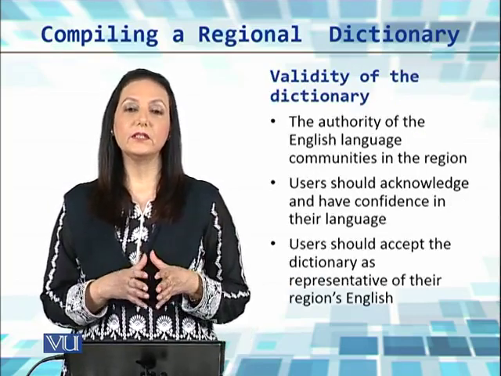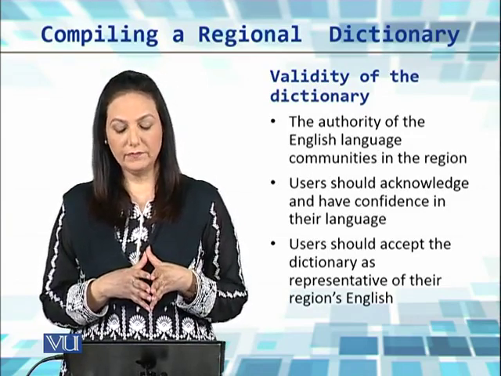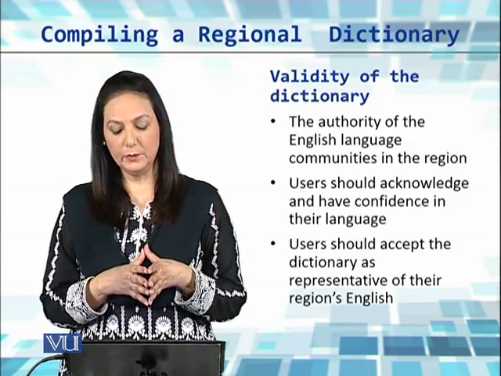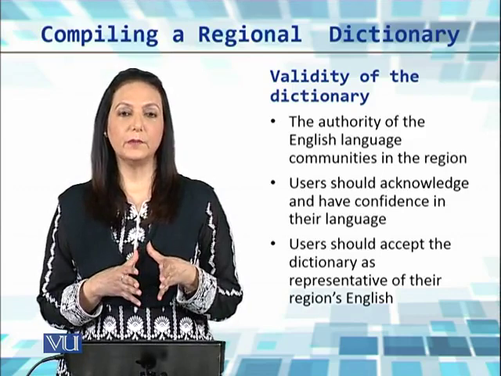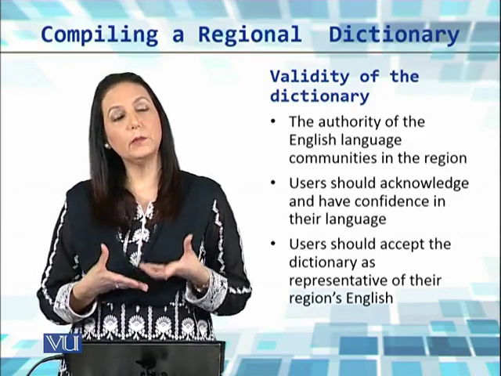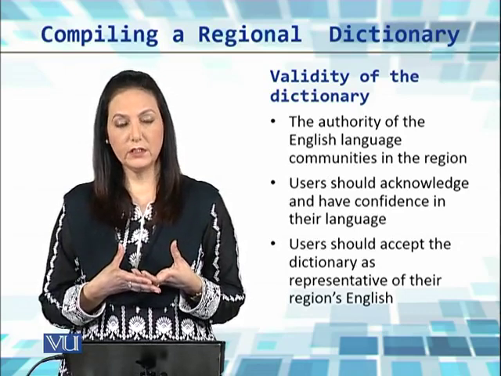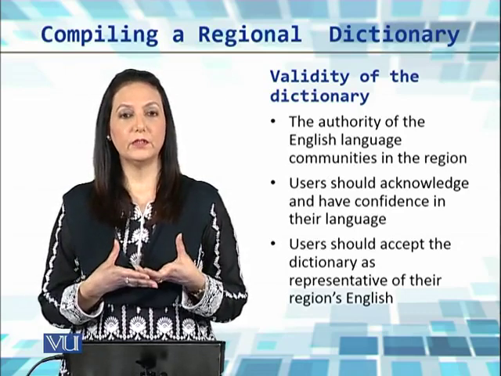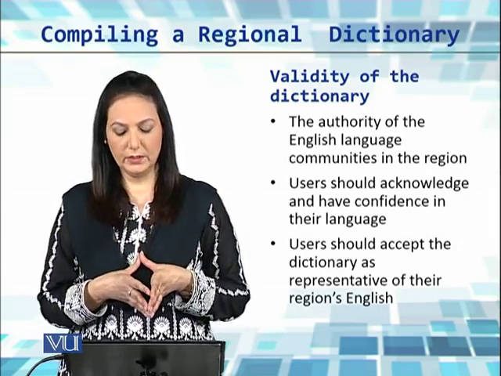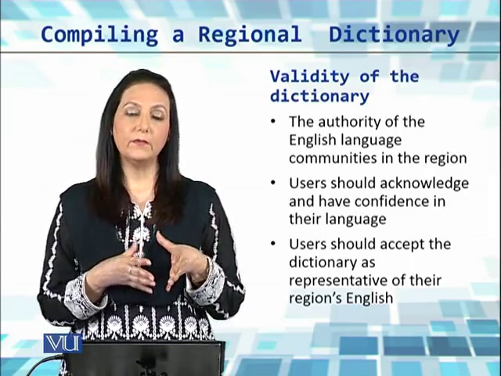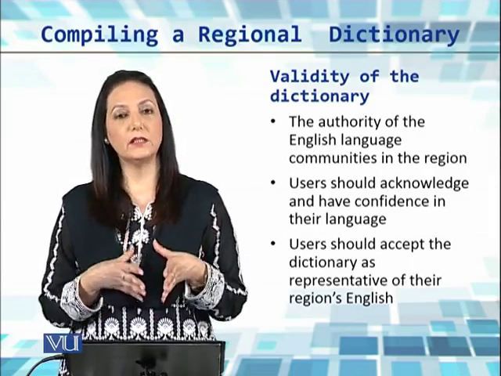Now, the validity of the dictionary can be established if the authority of English language communities in the region is established. For example, for the community for whom the dictionary is being developed, what is their authority as English language users? Above all, the users themselves should acknowledge and have confidence in their language.